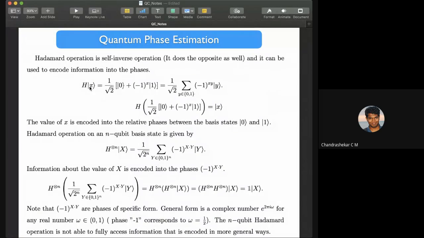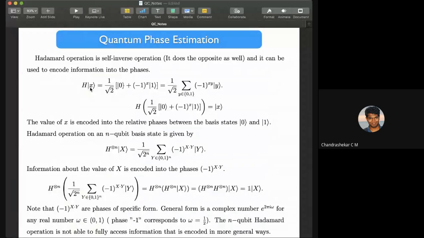So I want to define an action of the Hadamard operator on a general state. I don't know whether it's x, 0, or any superposition. On any general state x, a Hadamard operator can simply be written as 1 by root 2 times (0 plus minus 1 to the power of x times 1). Now we can plug in here, right? If x is 0, then it is 0 plus 1.